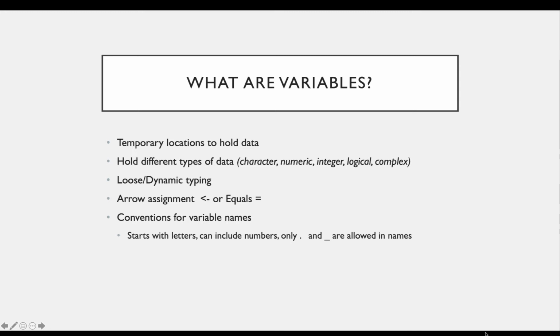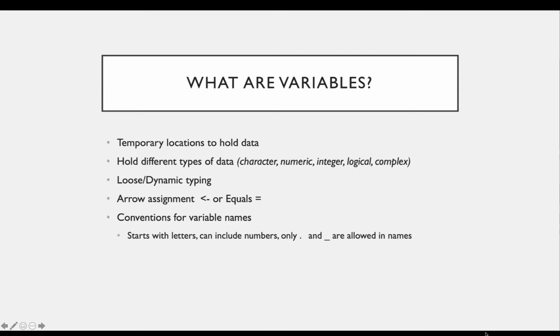So for instance, you can have name that holds character data, and in the next line you can change that name variable to then hold some other type of data, like say numeric or logical or boolean, right? Those types of programming languages are loosely or dynamically typed. R is a loosely or dynamically typed programming language, allowing you to change the type of data that can be stored in a variable.